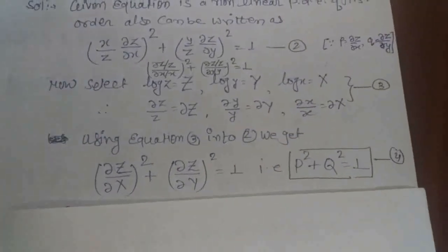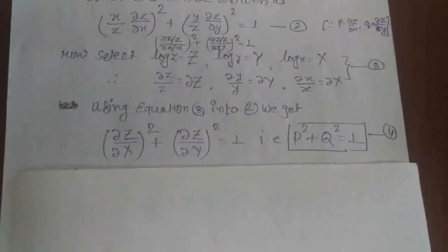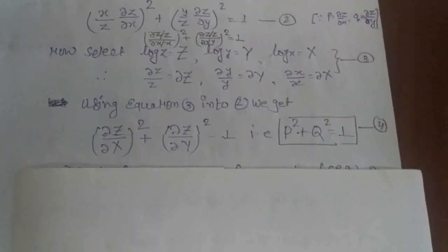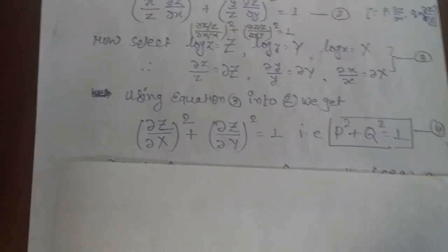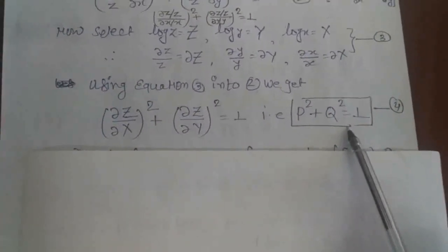Now the complete integral, as we know, the complete integral of standard form first is z equal to ax plus by plus c.